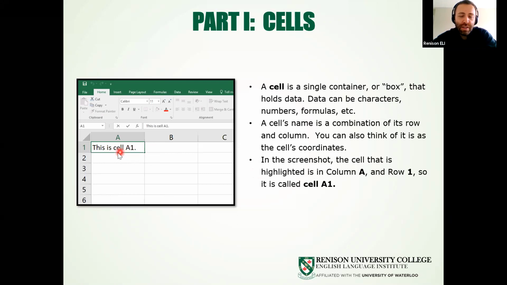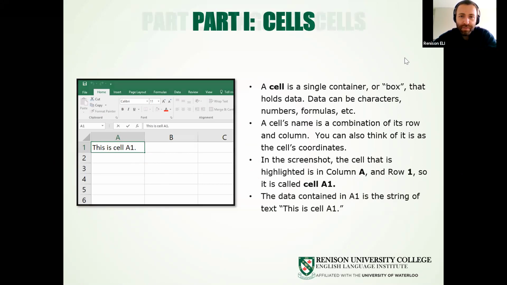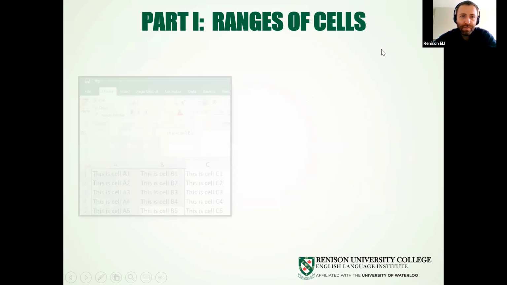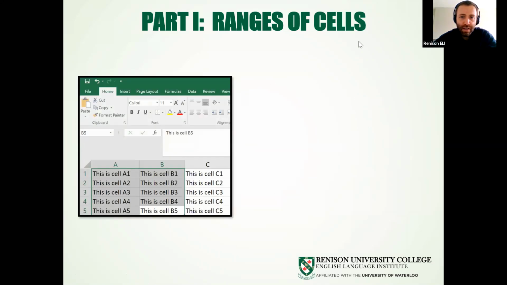So based on that, the cell name is A1, column first, then row. So cell A1. And the data inside cell A1 is a string, a sentence that says this is cell A1.